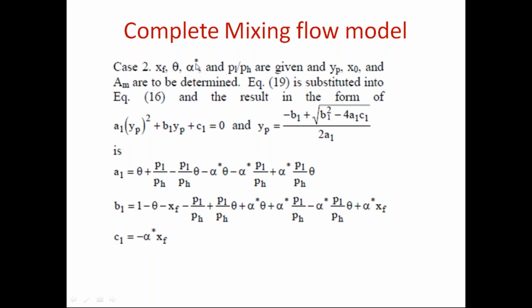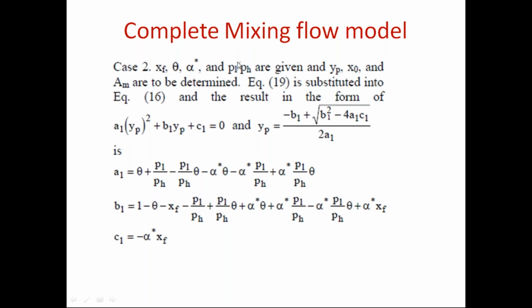It depends upon the membrane which you have selected and its permeability through that membrane. Alpha star is fixed. Then PL by PH is controlled by the operator, that is how much pressure on the low, product side, and how much pressure on the feed side you should maintain. So that is fixed. So you can call it an operating condition.